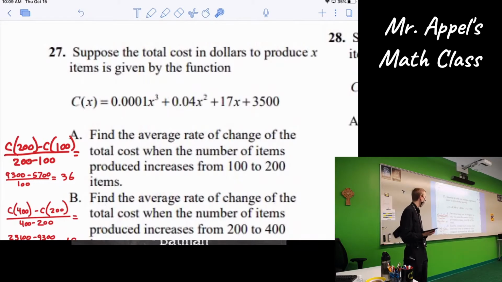So the 200 you plug into it. Plug in 100. So both of these are plugged into that equation. Plug both of them in. Subtract those two. Divide by the difference of the original numbers.